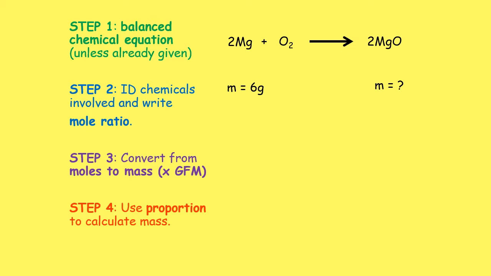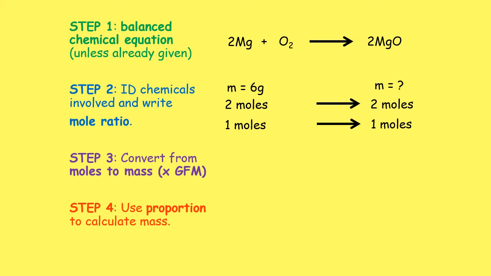We've been told that we have 6 grams of magnesium, and we want to work out how much mass of magnesium oxide is being produced. The mole ratio, just looking at these 2 chemicals, is 2 moles going to 2 moles, and we can simplify that to the same as 1 mole going to 1 mole.